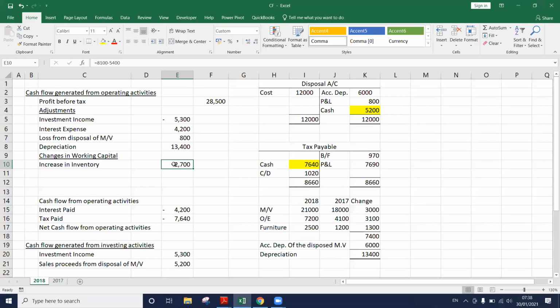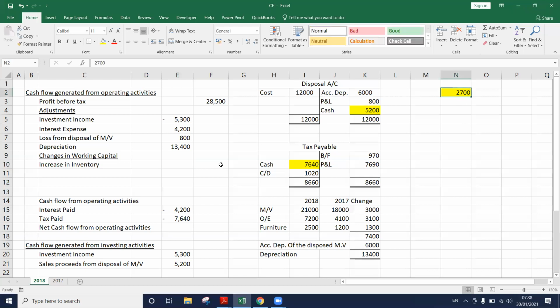So what do we need to do? Should I add this 2700 here, or do I need to deduct this 2700?